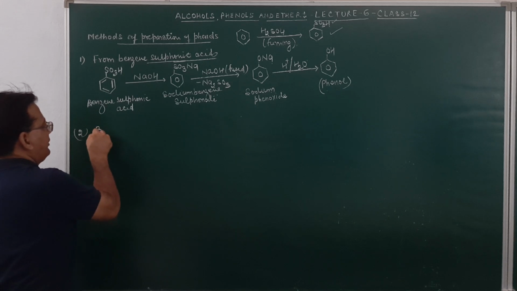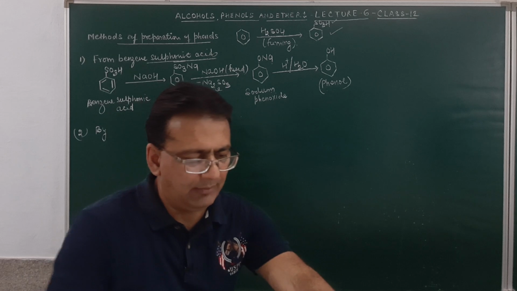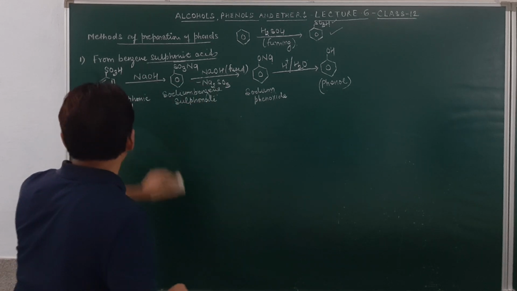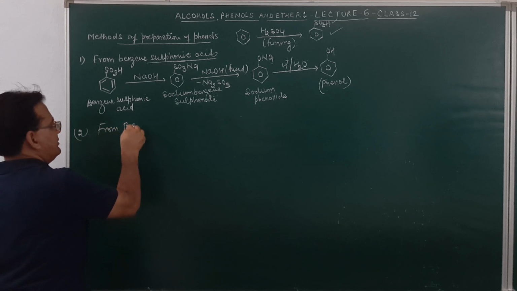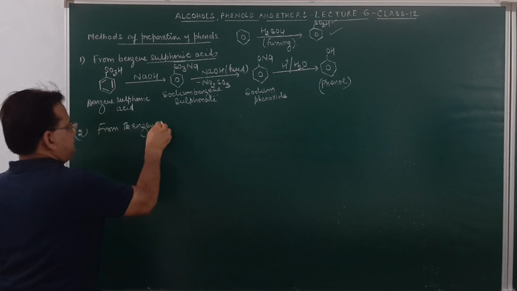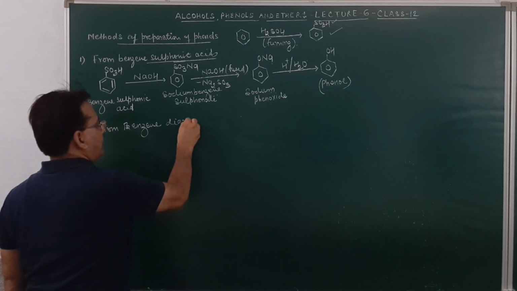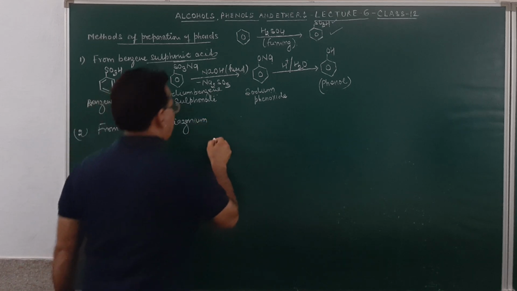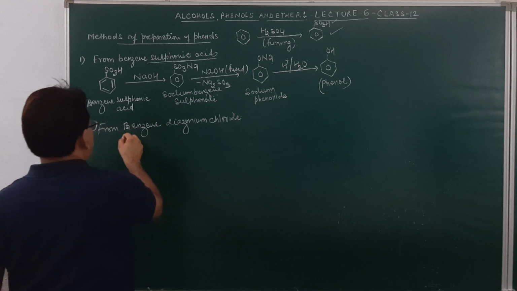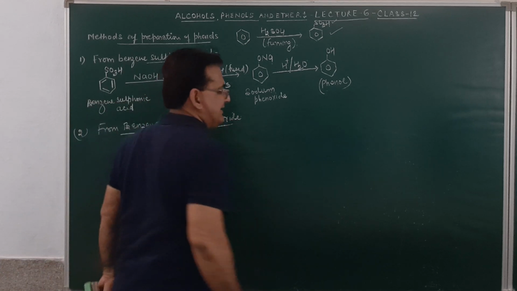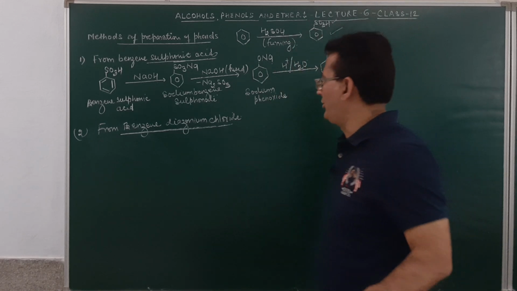The next method of preparation is from benzene diazonium chloride. Remember, students, how do we obtain phenol from benzene diazonium chloride?